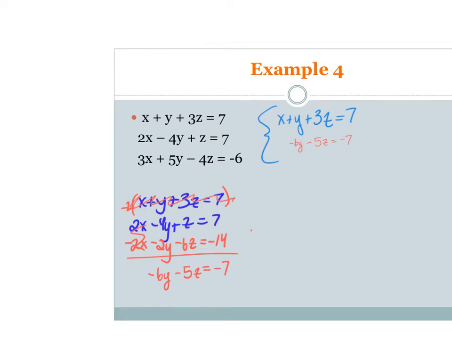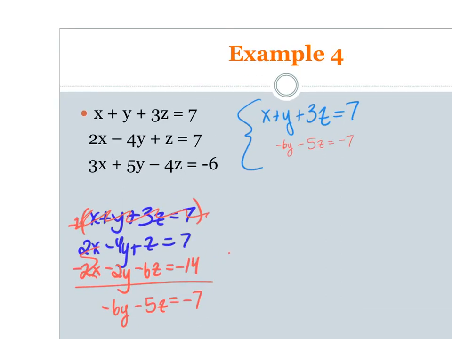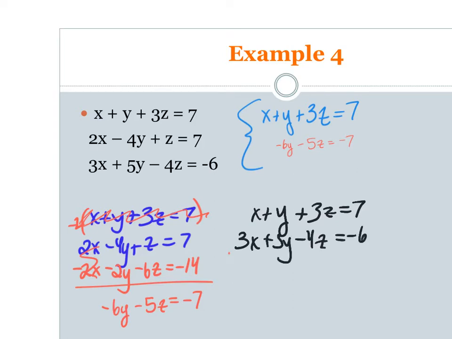So what's the process? What do I do? Okay, first and third. I have x plus y plus 3z equals 7, and the third is 3x plus 5y minus 4z equals negative 6. If I want the x's to cancel out, what am I multiplying? The top by negative 3.